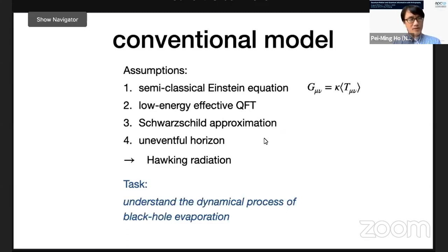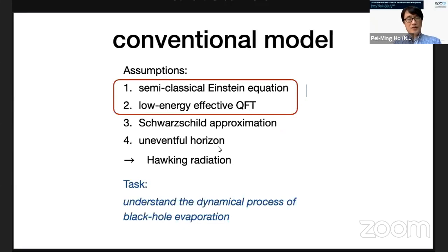So here I wrote Schwarzschild approximation, but more generally, a classical approximation, but we will be focusing on spherically symmetric cases, and so we will just need Schwarzschild. And finally, we assume an uneventful horizon, that the horizon is in a quantum state of vacuum for free-falling observers. For free-falling observers, due to the equivalence principle, they shouldn't see a lot of high energy particles popping out of the horizon.